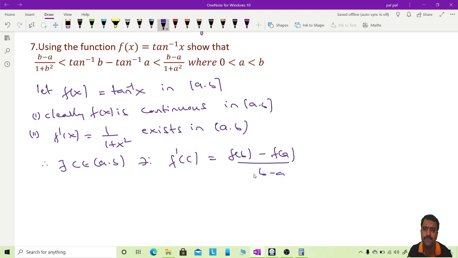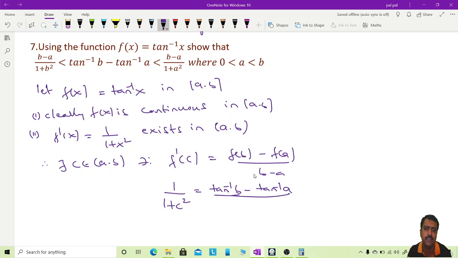So then what is f dash of c? F dash of x is 1 by 1 plus x square. F dash of c is 1 by 1 plus c square, which is equal to f of b minus f of a divided by b minus a. F of x is tan inverse of x, so f of b is tan inverse of b and f of a is tan inverse of a.